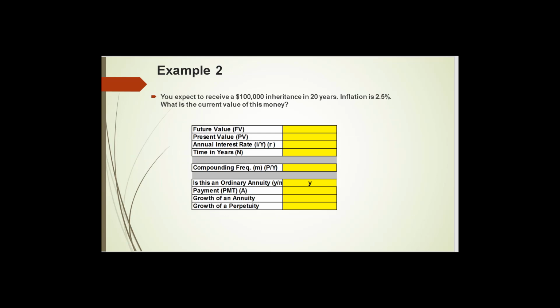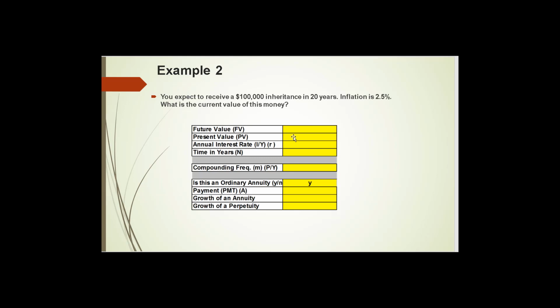So example 2 is just another example. Let's say you're going to receive an inheritance of $100,000 in 20 years. If inflation is 2.5%, what is the value of this in today's money? So in other words, what will $100,000 in 20 years buy if it was in today's money?